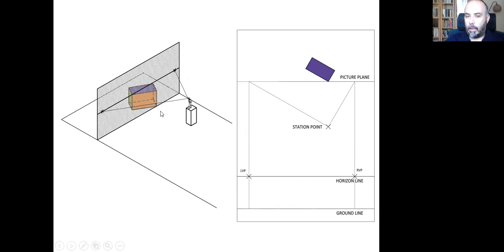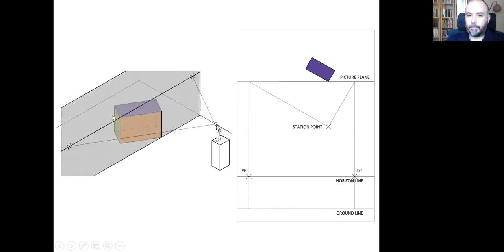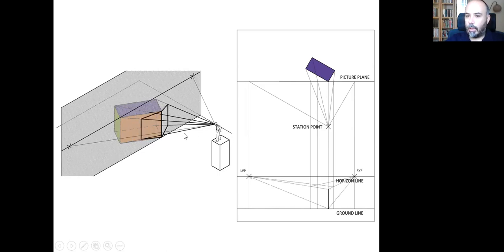It's the border of his eyesight. And I'm going to do the same again. Since this edge is connected to the picture plane, I am going to draw it in its true size. And then I will combine all the edges, all the corners with his eyesight, so that I will get the image of this object as it's being projected on the picture plane.